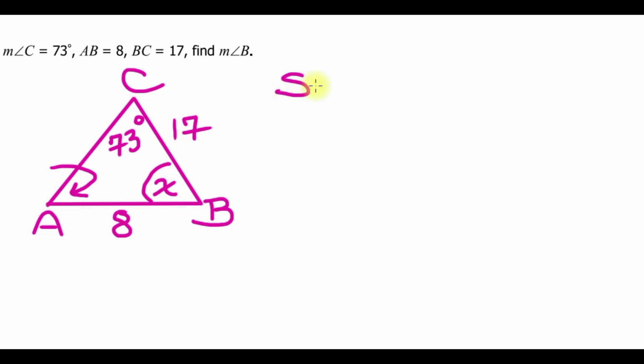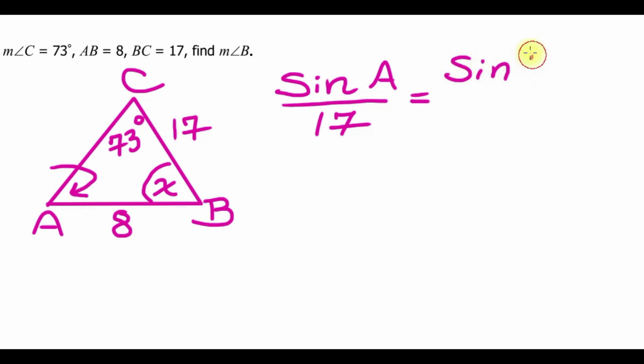So we're going to use the law of sine to set this up and come up with angle A. So we go sine angle A over side A, which is 17, is sine 73 degrees, that's angle C, over side C, which is 8. Okay, so now we can solve for angle A, cross multiply.